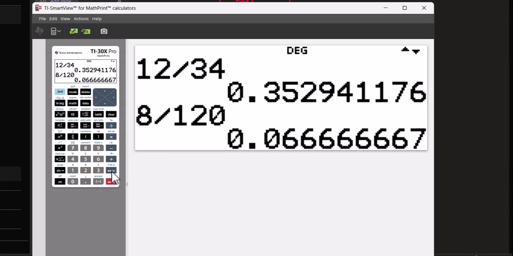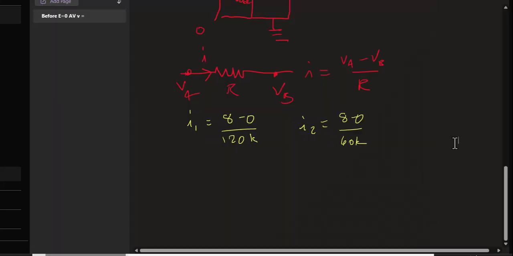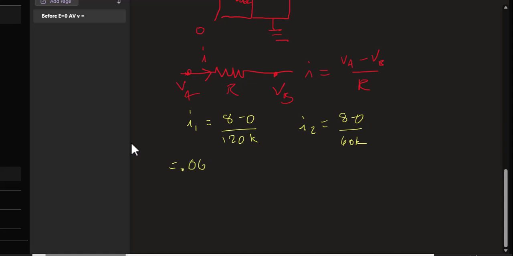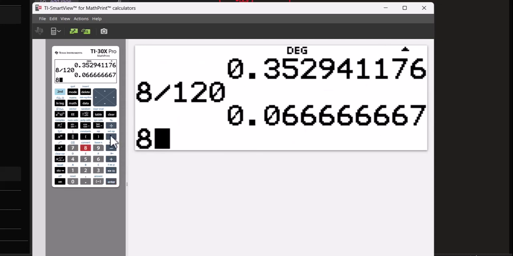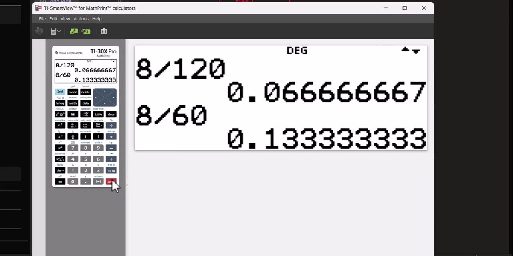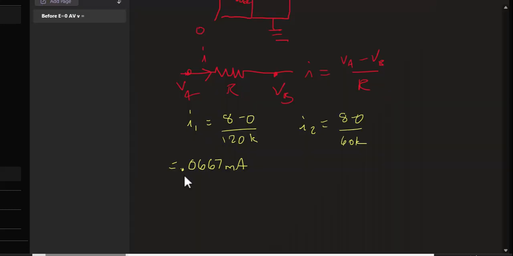Okay, so I get 0.0667 milliamps. And then 8 divided by 60K will be twice that, which is 0.133 milliamps.